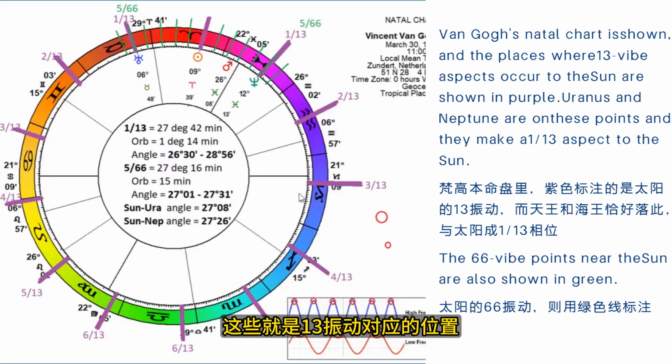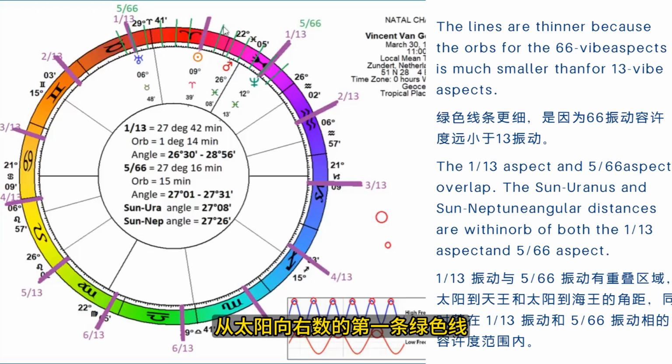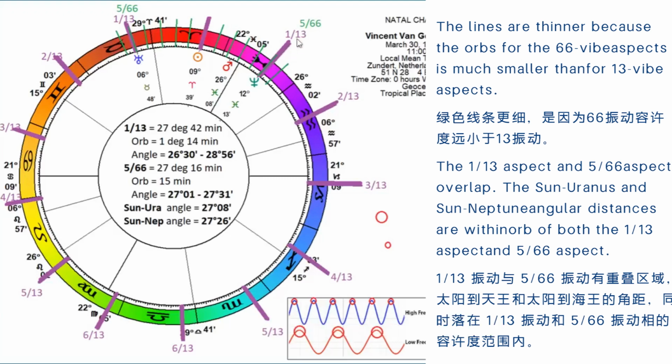Those are the 13ths. Now, in thinner green lines, I've put 66ths. Okay, so from the sun to this first green line to the right of it is 1/66. This one's 2, 3, 4, 5 66ths right here, and I've labeled it, overlaps the 1/13th.